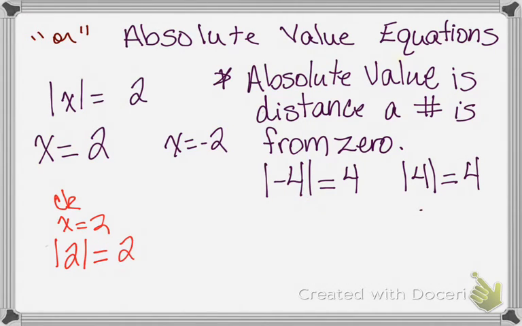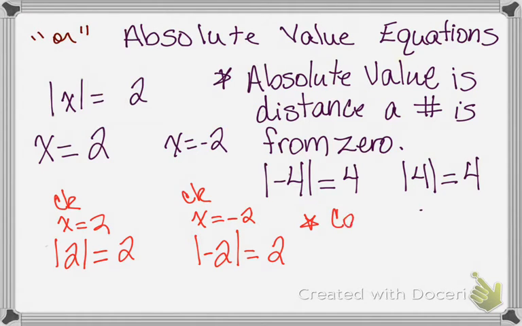Now if I check x equals -2 and I plug negative 2 in for x, what do I get? I get 2, okay? So when I am doing absolute values, I am going to have a case 1, and case 1 is going to be equal to a positive number.